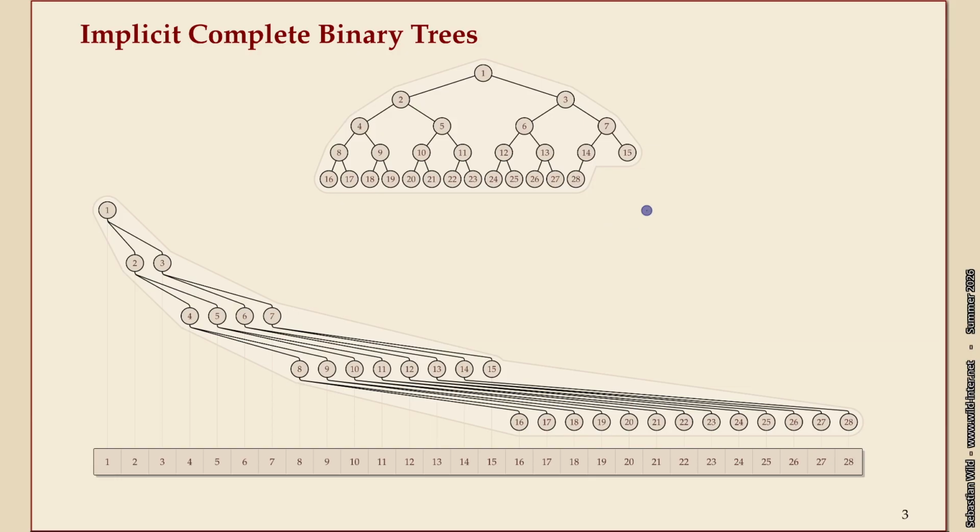Okay, let me draw it a bit nicer. They always look like this in some way or another. This has the nice property that you can do a level order traversal, where you go through this level by level.